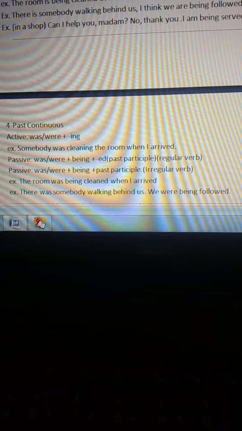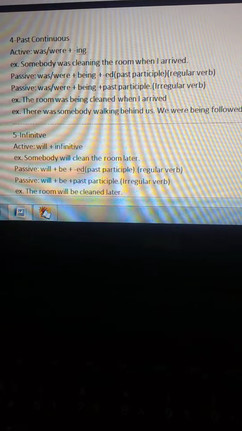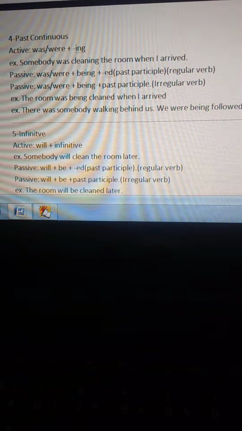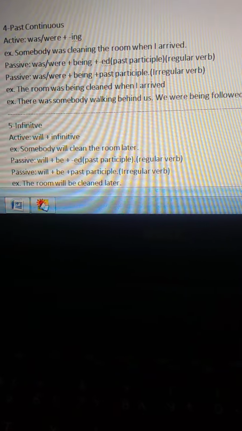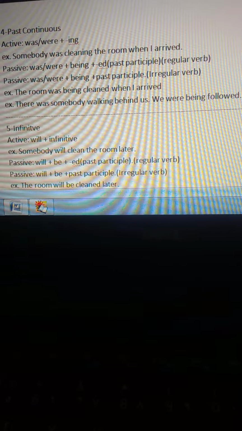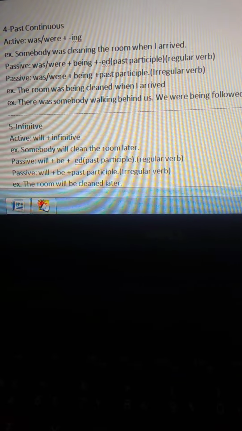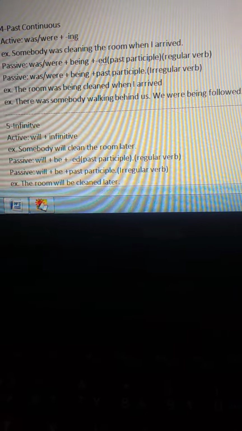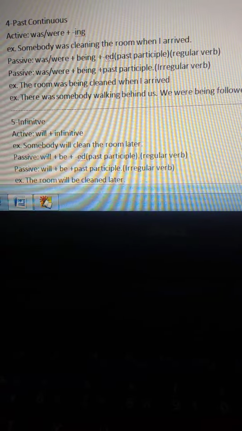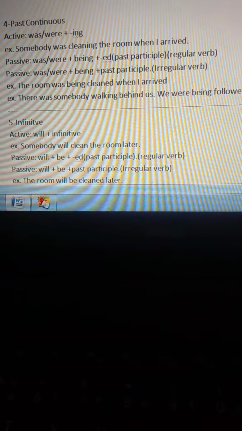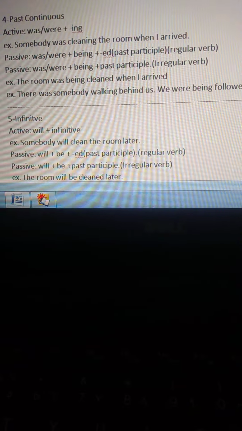Number 4, past continuous. Active: was or were plus -ing. Example: somebody was cleaning the room when I arrived. Passive: was or were plus being plus past participle, regular and irregular verbs.